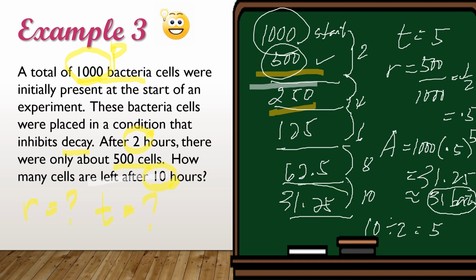And finally this 31.25 after 10 hours is the same as our answer when we use the formula. Therefore, there will be 31 bacteria after 10 hours. So this is the last problem under exponential decay, and I hope you understand.